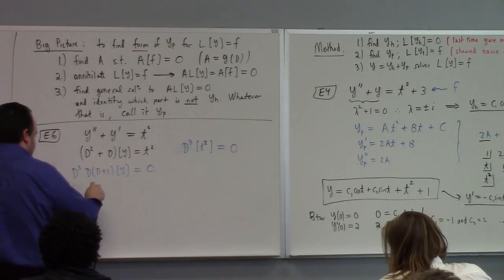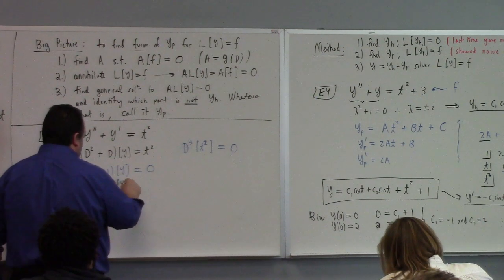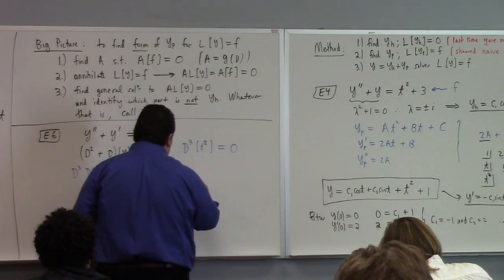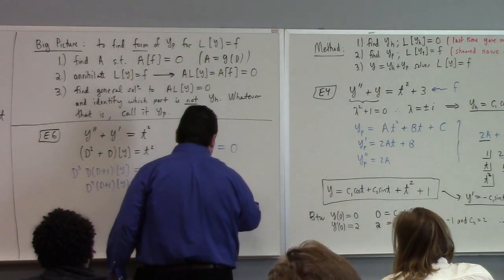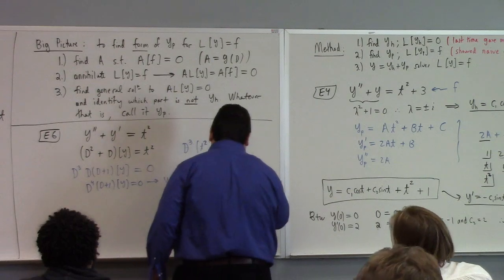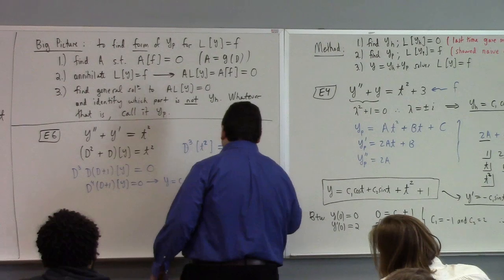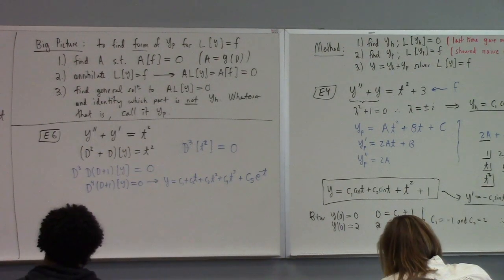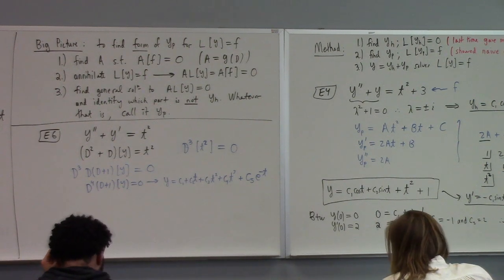Group any common factors. So we have D to the fourth times D plus 1, y equals 0. So that tells me my solution has the form y equals c1 plus c2 t plus c3 t squared plus c4 t cubed plus c5 e to the minus t. It's probably good practice at the start of these problems just to write down what the homogeneous solution is, because you're going to need to know it later in order to finish the thought.